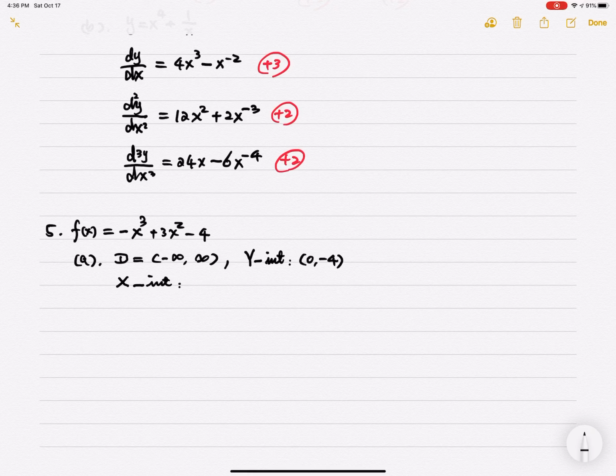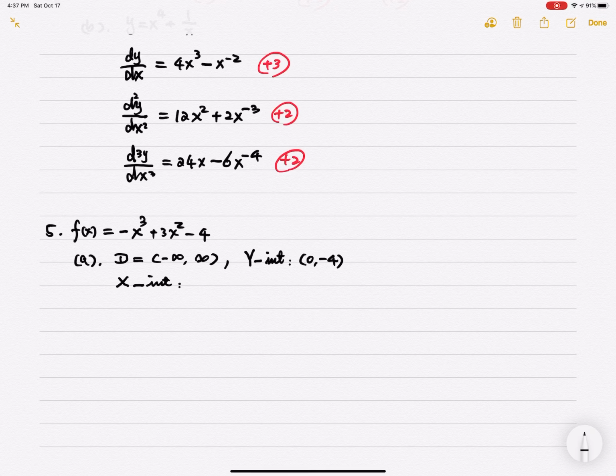X-intercept, because it's a third degree equation, usually when we do that, we first observe. You try some simple numbers. For example, 1 is not, because plugging in 1, you have negative 1 plus 3 minus 4, which is negative 2.